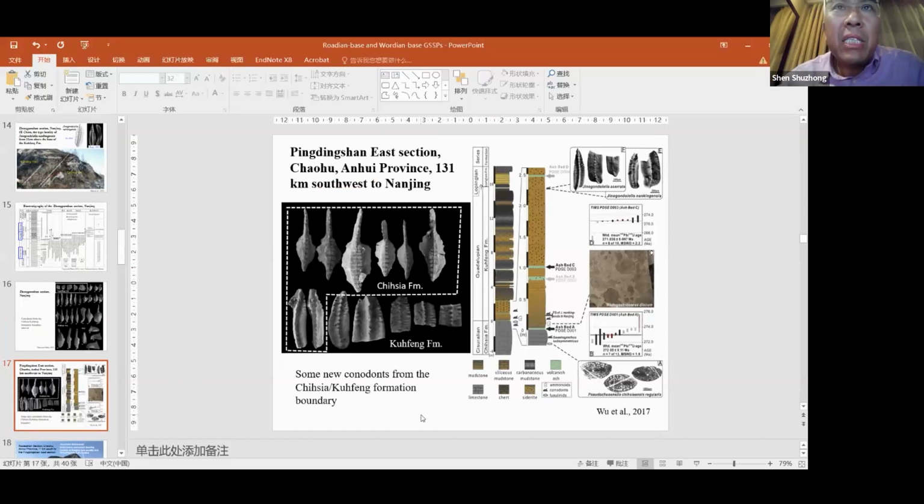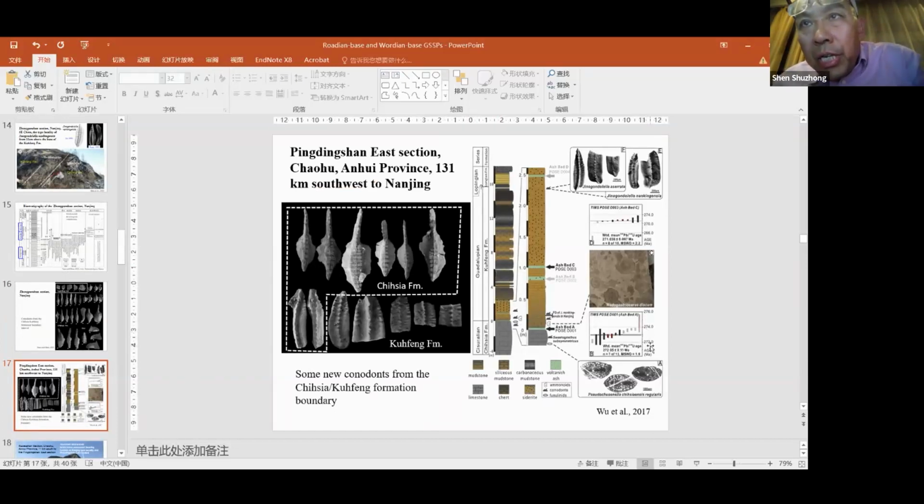It's the Pingdingshan East section in Chaohu, Anhui province. This is about 131 kilometers southwest of Nanjing. But the lithofacies of the Kufeng Formation is exactly the same as that at the Nanjing Zhengpanshan section.